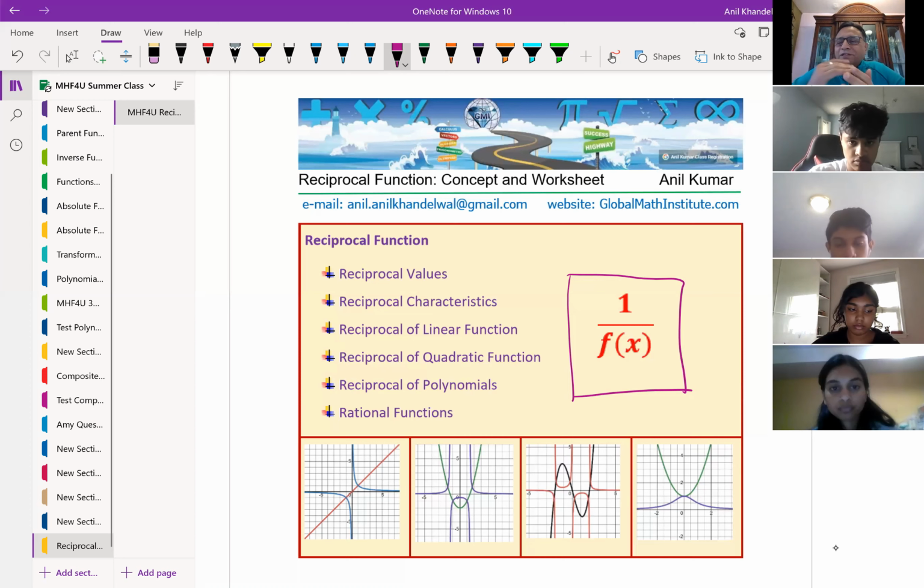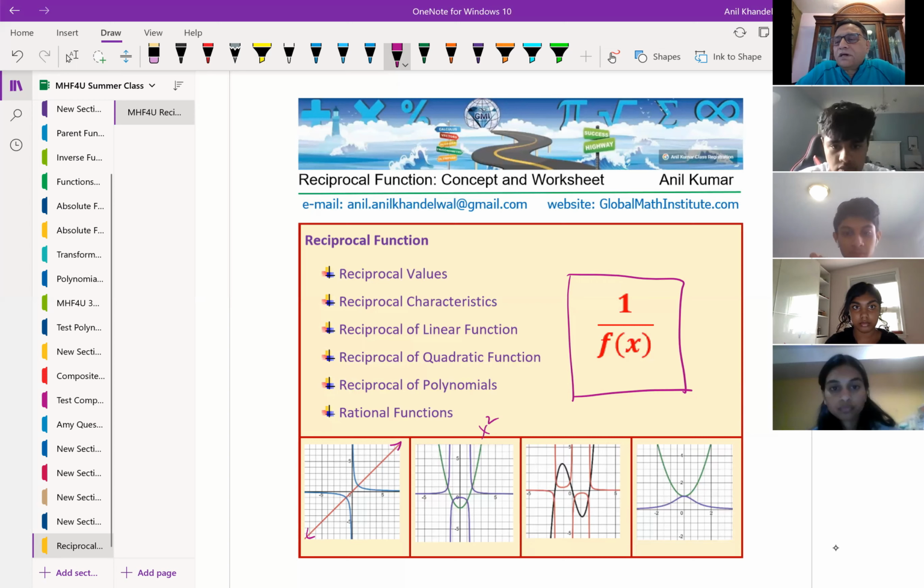For example, in the very first graph, the function is f of x, a linear function, and the reciprocal is 1 over x. Both are parent functions, you know fairly well about them. In the second graph, the parent function is x squared and the reciprocal is 1 over x squared, the graph shown in blue. You get the idea, right?